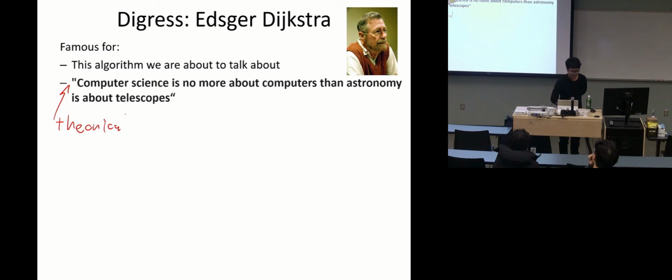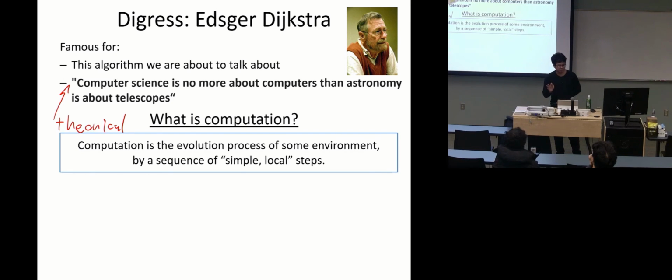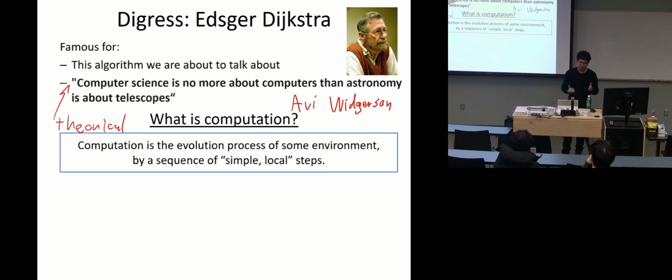The reason is, if you talk about what computation is, it's really something so abstract and so universal. Avi Wigderson put it this way. Avi is like the grandfather, a really big guy. You can have a look. He said that computation is just any evolution process in some environment by a sequence of simple and local steps.